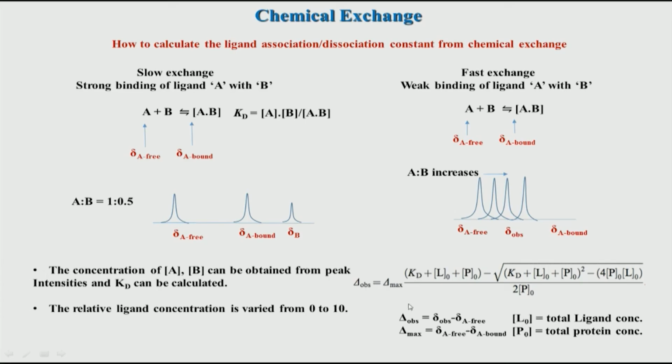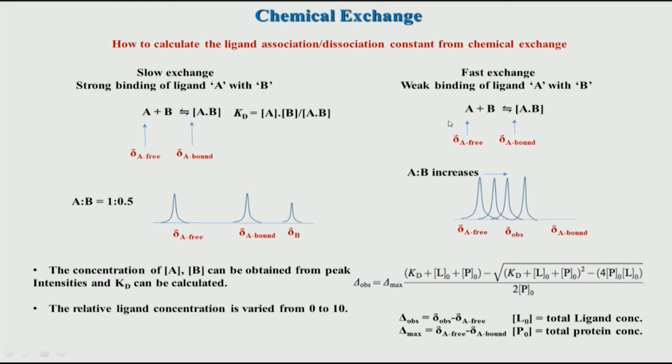But your knowns are this value at any given time, and this is the max which you get after adding a large amount of B, and this is nothing but total ligand concentration which you know, because you know how much A you have added, and total protein you know because that is how much B you have added. So, based on these two numbers you can calculate the Kd value.